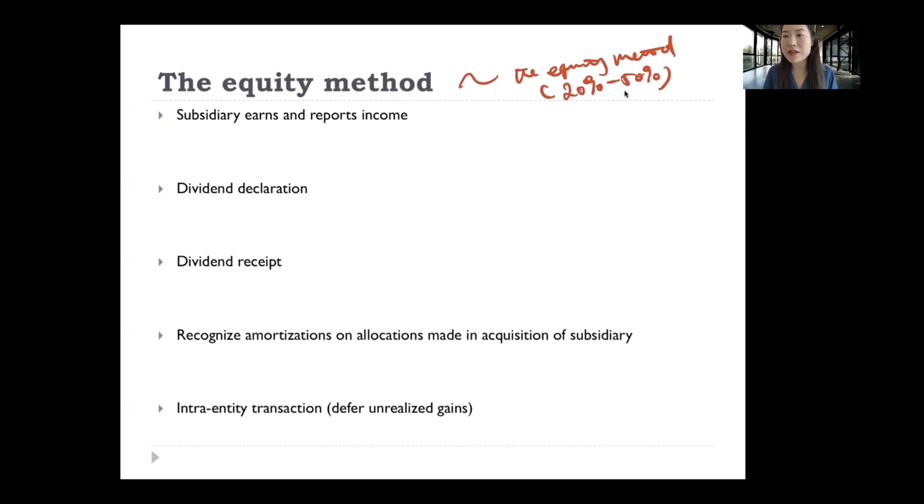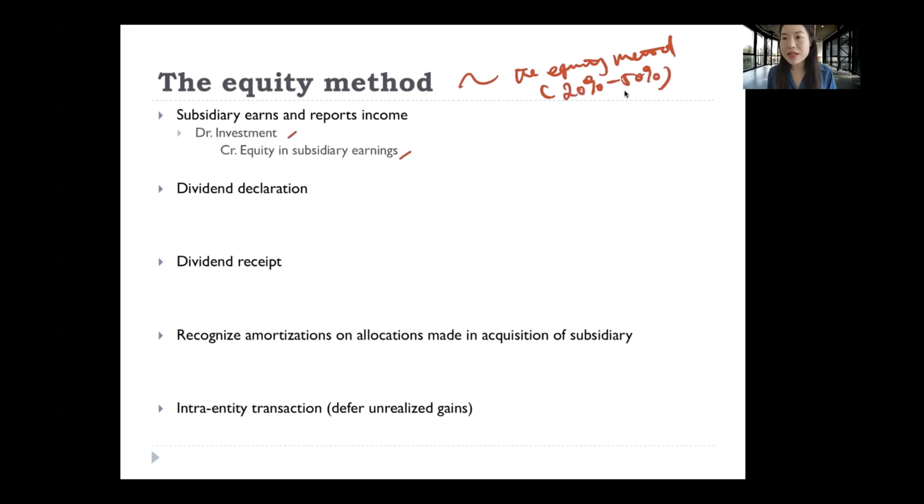under the equity method in chapter 1, when the subsidiary earns and reports income, what is the journal entry? So when the subsidiary earns and reports income, the journal entry recorded by the parent is to debit investment, credit equity in subsidiary income.